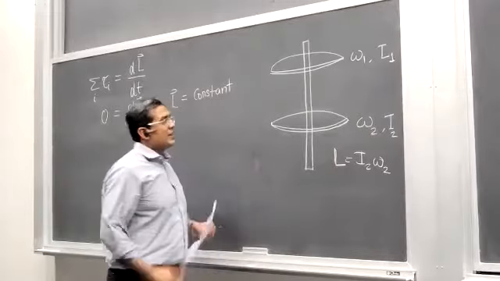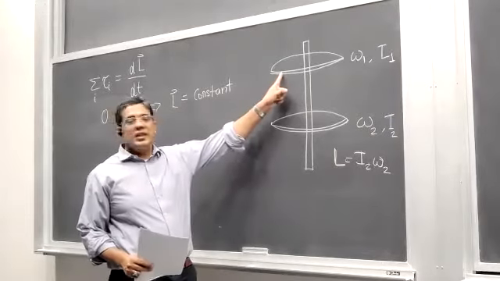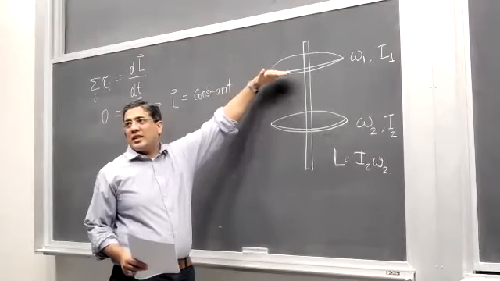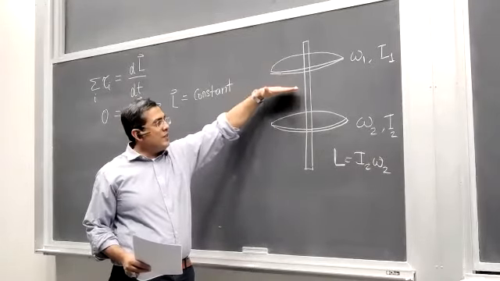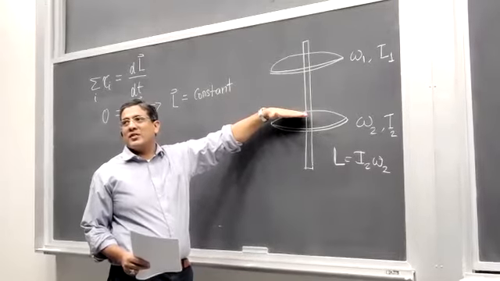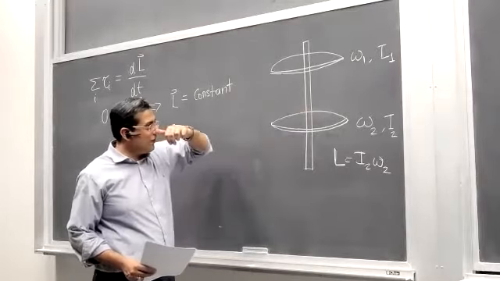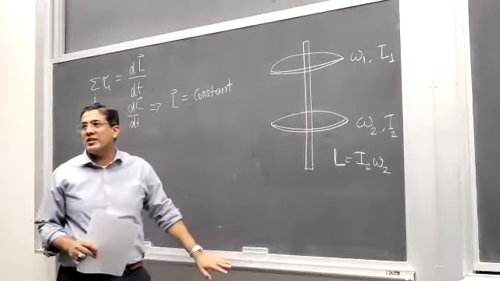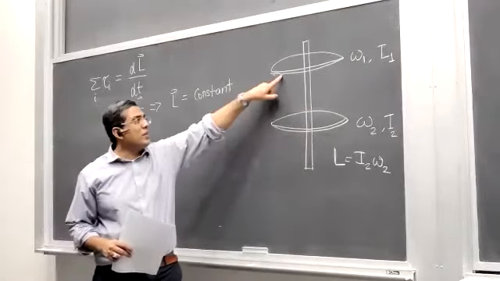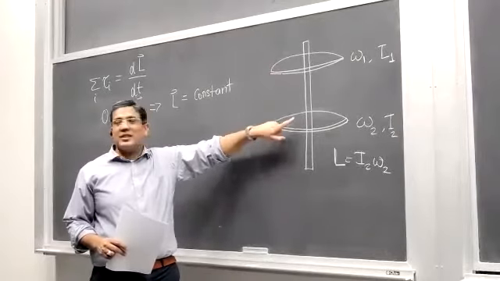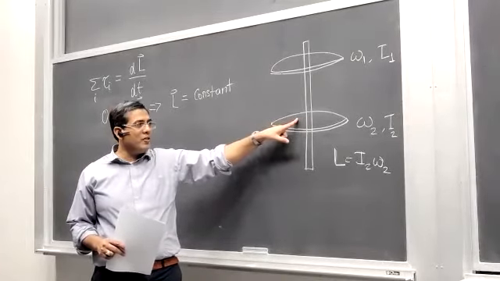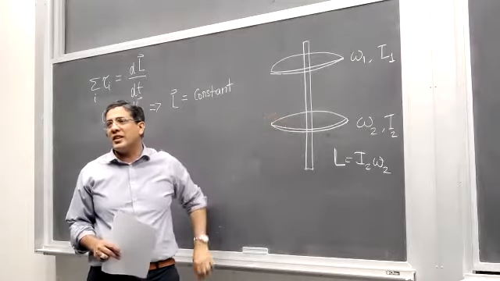Let's say that this disk is rotating with a different angular speed. At some point, we release this disk and we let it fall on this other disk. Let's assume that the friction between the surfaces of the two disks is large enough that the moment this disk falls on the other disk, they start rotating with the same angular frequency without one sliding against the other.